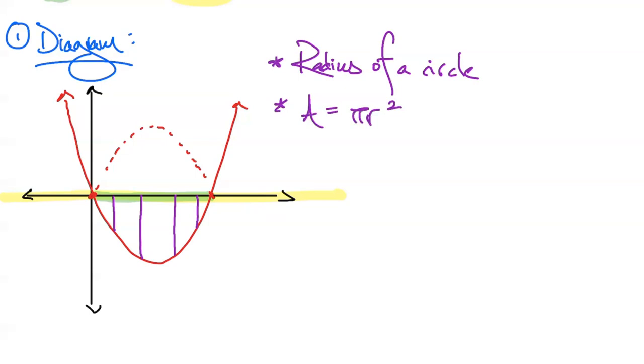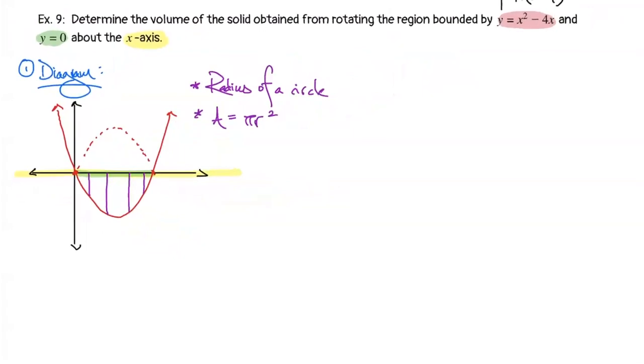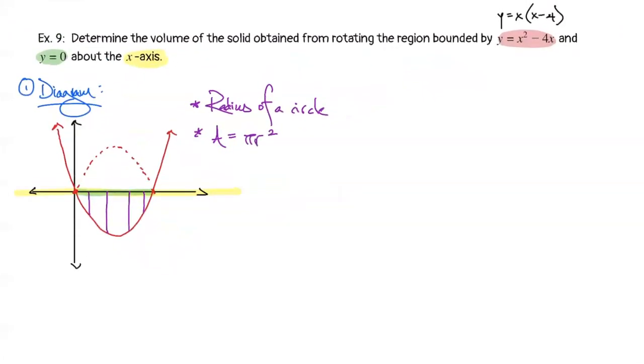Okay. Now, I'm wondering, based off of just this part of the picture right here, can someone tell me how I might find the radius? How I might find an equation that tells me the radius of every single purple line there, or every single slice?